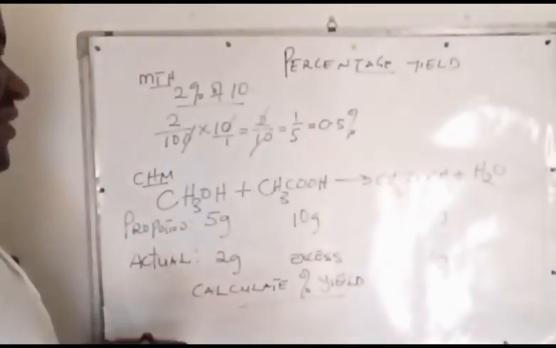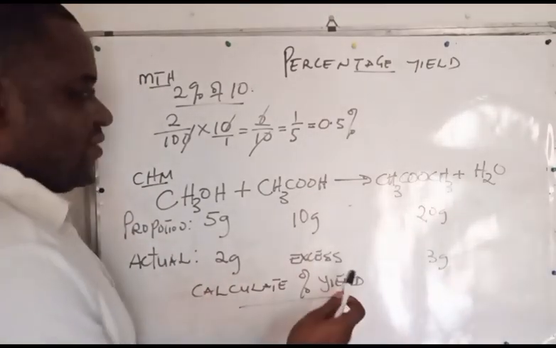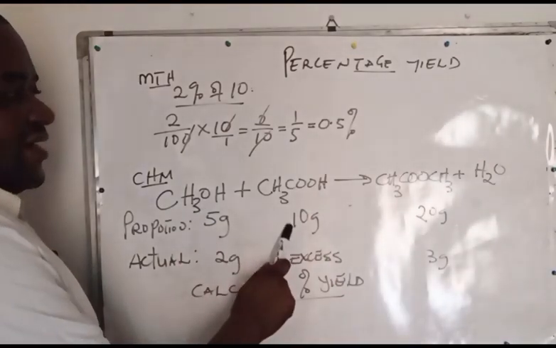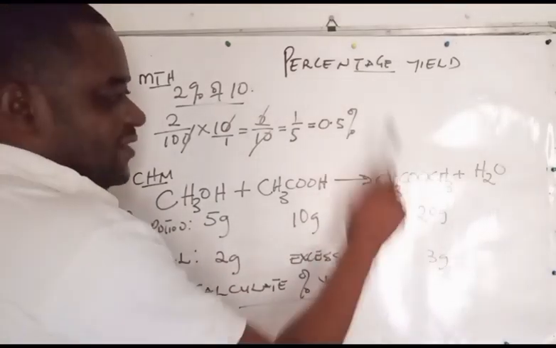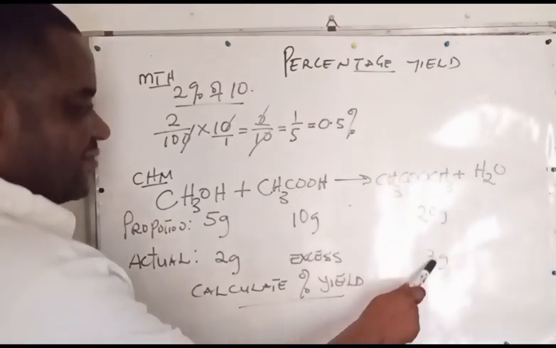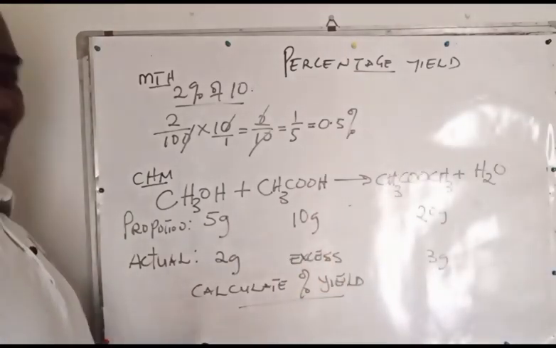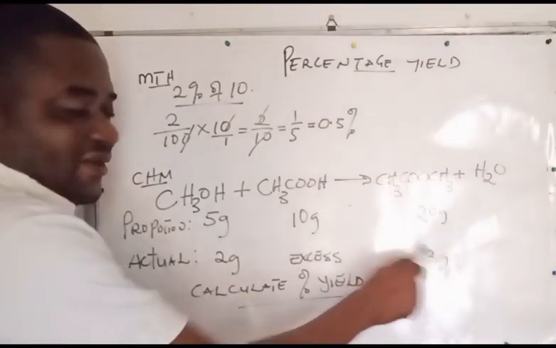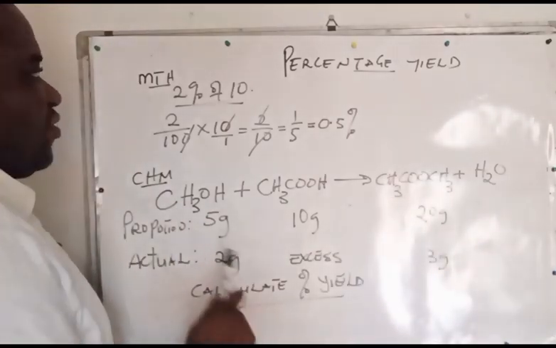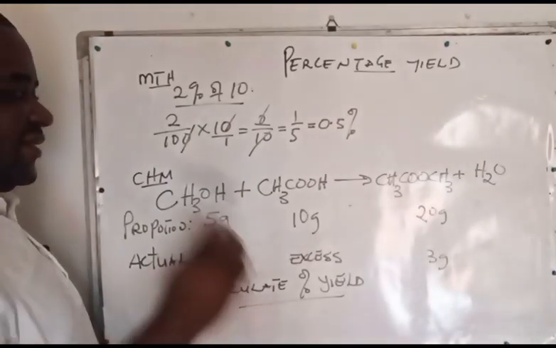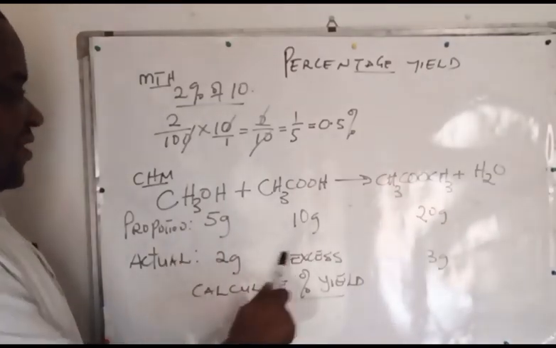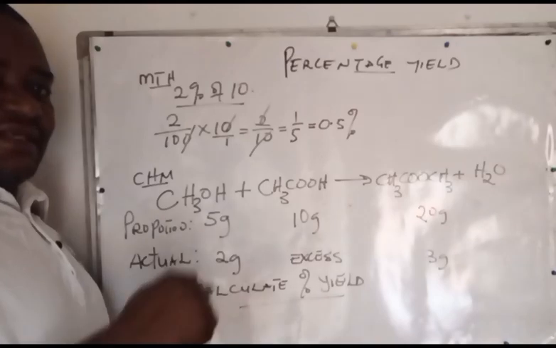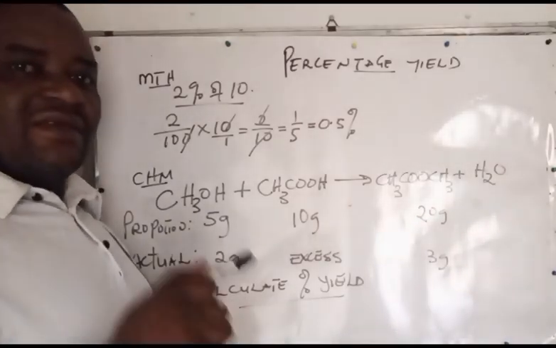We already know that this particular reaction, where ethanol reacted with ethanoic acid to give methyl ethanoate as an ester, yielded 3 grams. Now we are to calculate the percentage yield, not the amount. Remember that the ethanoic acid is used in excess, so it did not contribute seriously to the reaction.